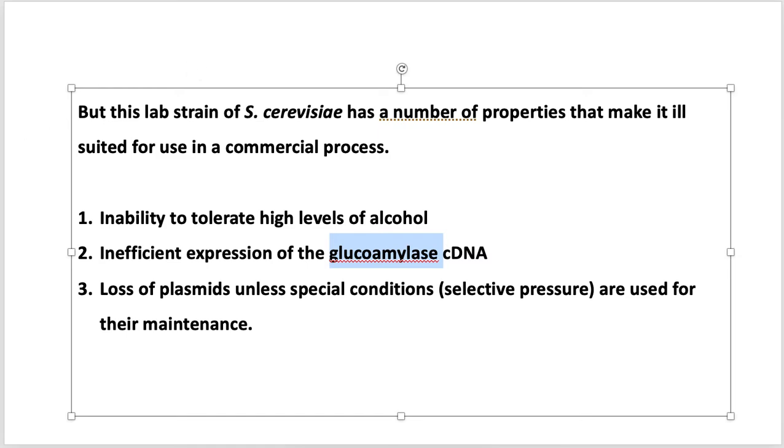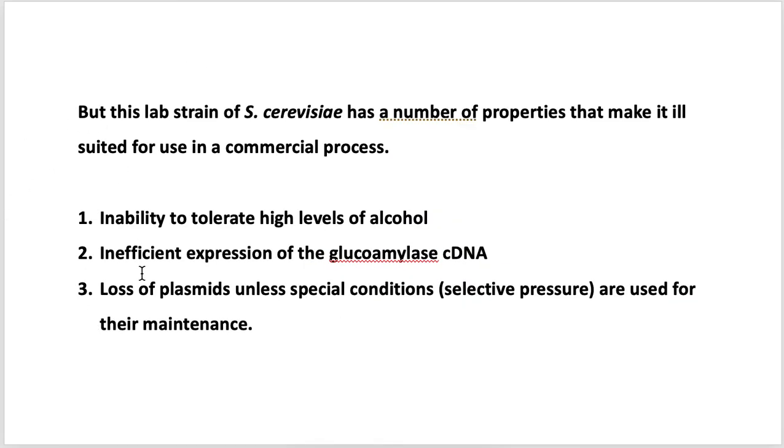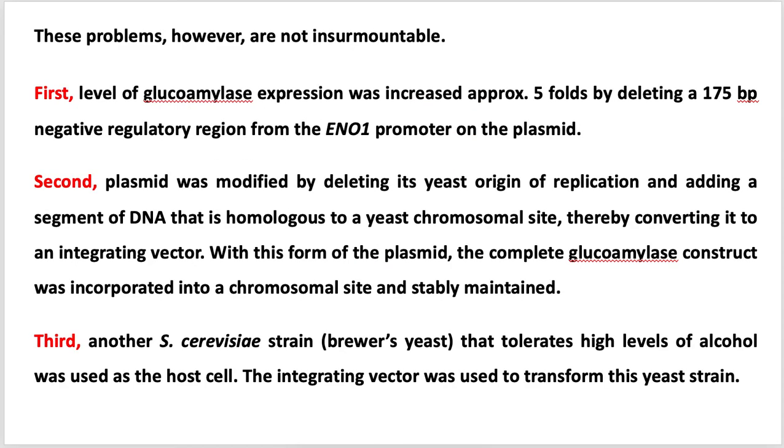Although there are problems, no problem is insurmountable. Theoretically, every problem is solvable through science. So scientists are trying to address these problems, and some of them have already been solved.